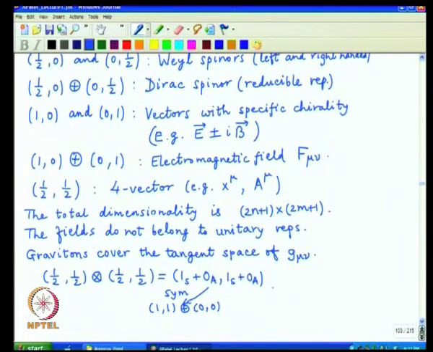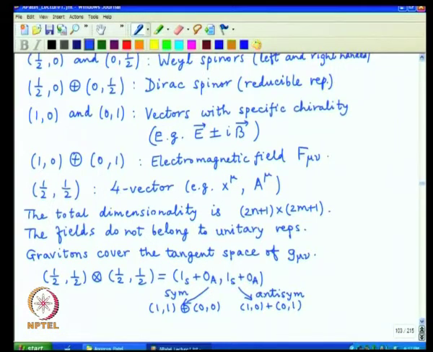The fully antisymmetric part is (1,0) plus (0,1), which can describe the electromagnetic field F mu nu as mentioned above.